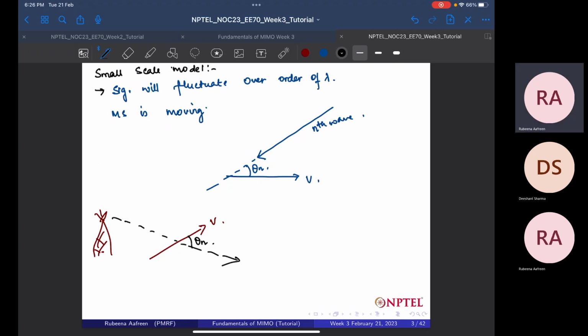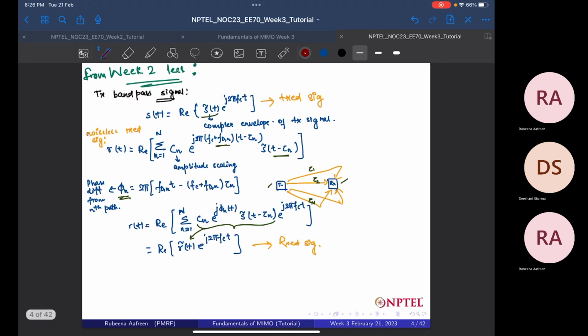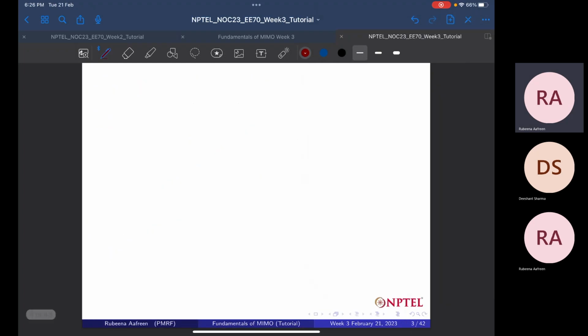Because the mobile station is moving, the Doppler shift will be introduced. The Doppler shift we will be writing like this, in hertz. fm is the maximum Doppler shift, which is equal to v by c.